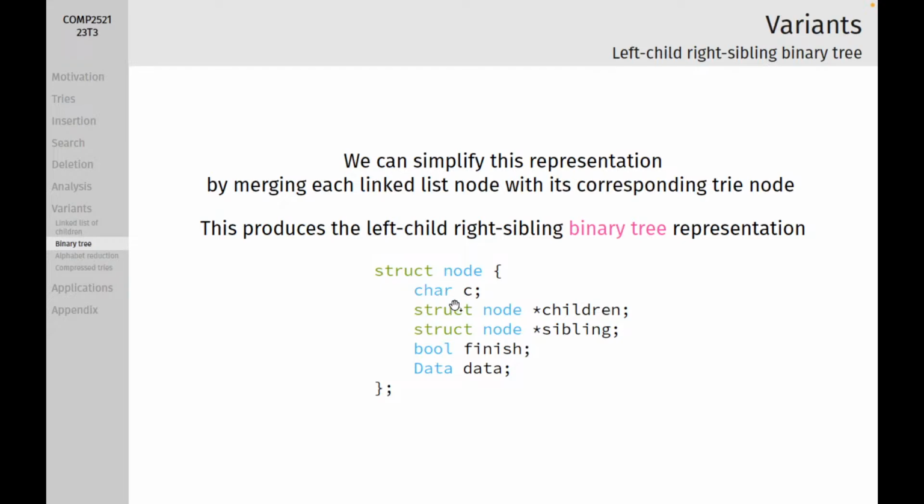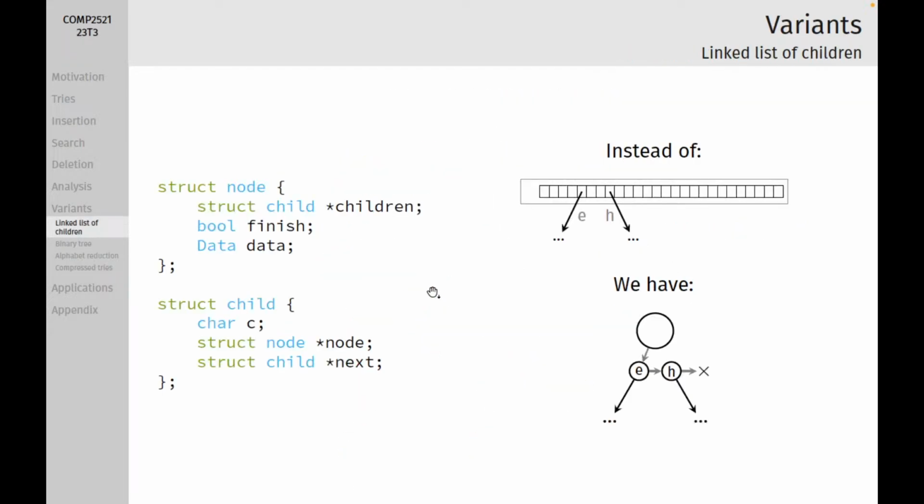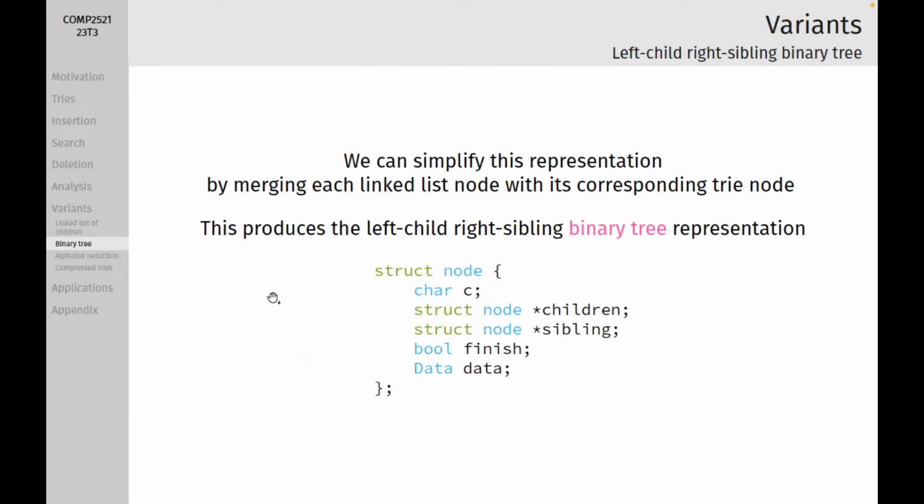So instead of having two separate structs, where one is a trie node and the other is a linked list node, we just have a single node which contains a character, a pointer to its first child, struct node star children, a pointer to its sibling, right?